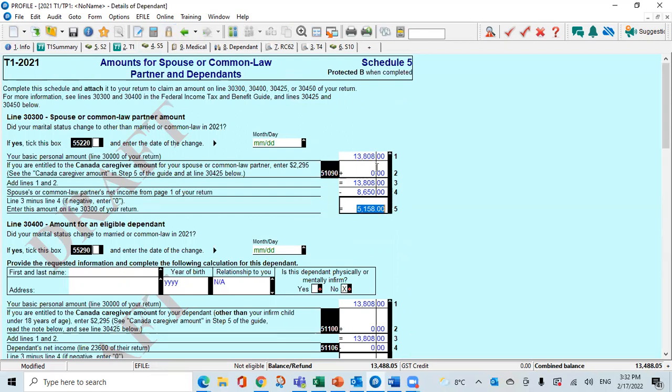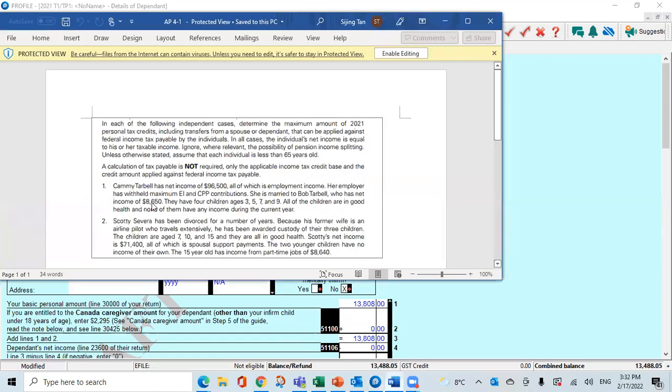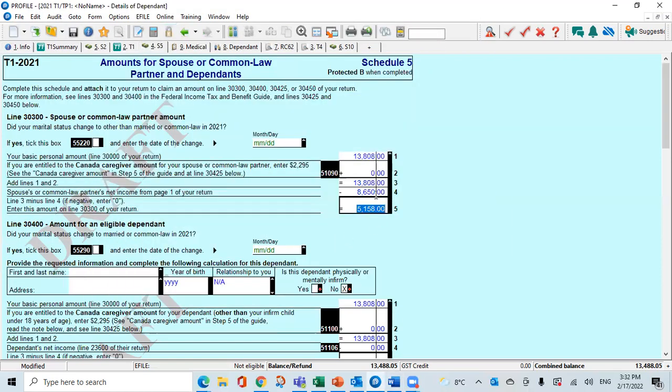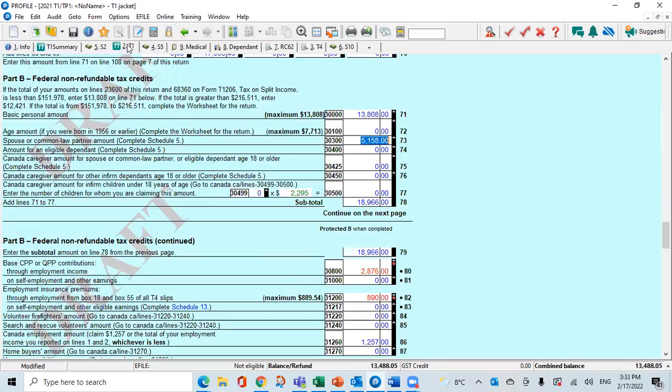That's from your spouse, who can transfer it to you. But Bob, that's Cammie's husband, has income of 8650. So it works in there, 8650, which leaves 5158 that can carry forward to you on the T1. So that is where 5158 is coming from.